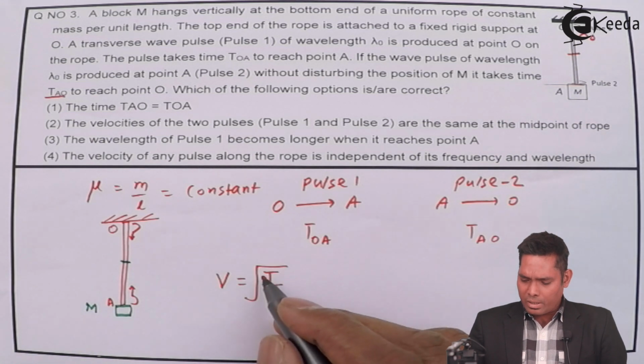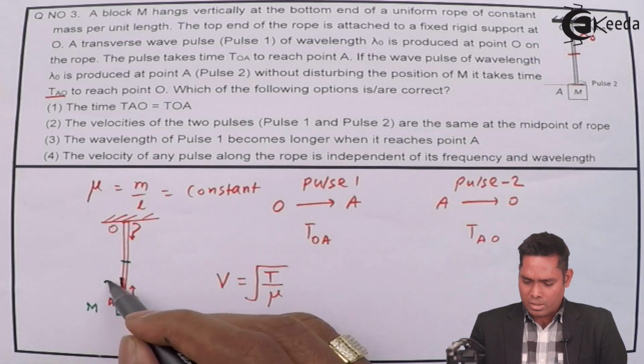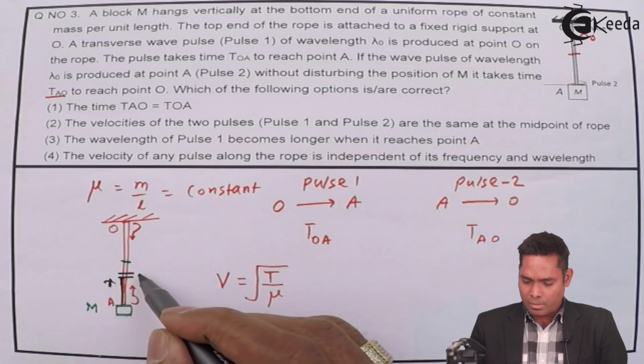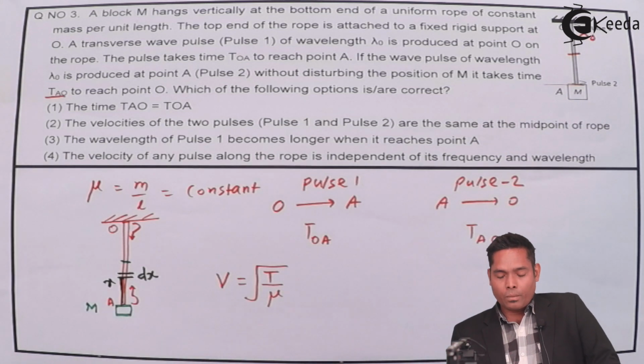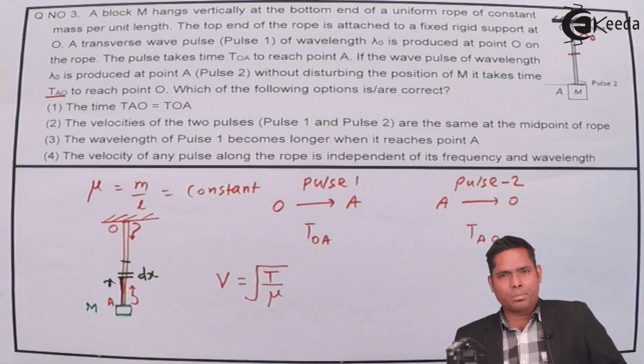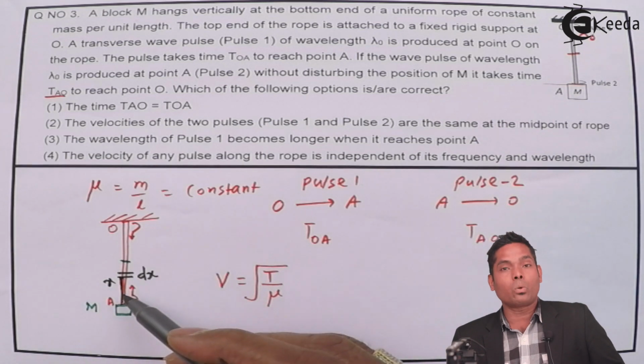If I consider a small element dx at some distance x from the lowermost point A, I will assume that the speed is constant in this path, because the speed depends on tension, and the tension varies along the length of the rope.